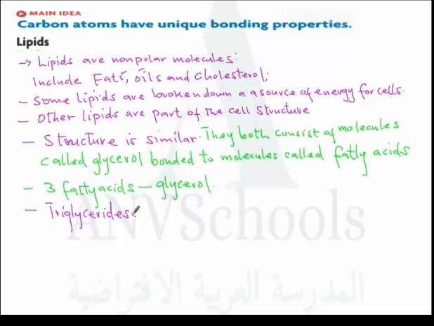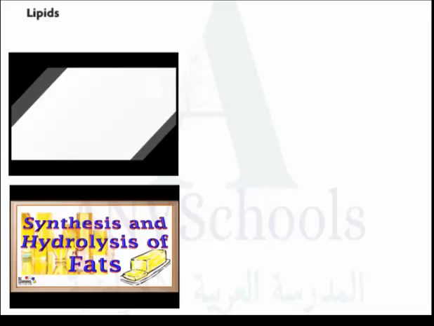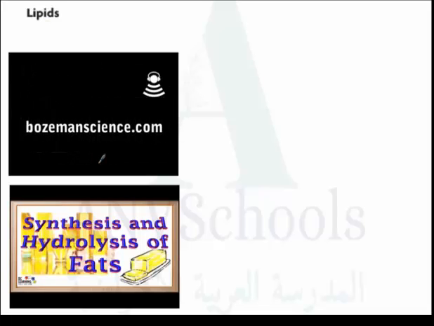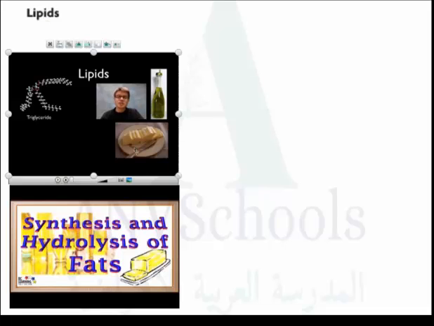The name triglycerides comes from the fact that they have 3 fatty acids. We will be looking at this in detail using our videos here so that it's somewhat clear for us.